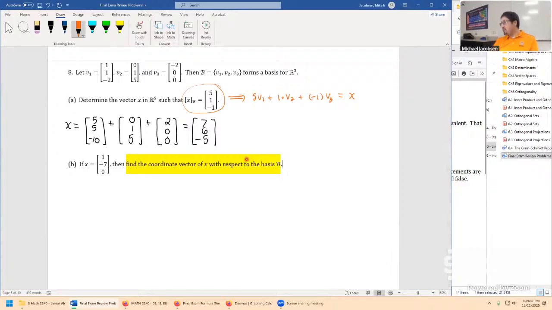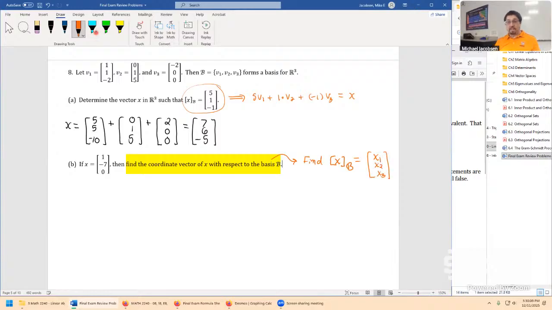This whole statement written in yellow is just saying find x subscript b. This whole thing, in words highlighted in yellow, is the coordinate vector of x relative to the basis b. But thinking in terms of what this was saying, you can find the coordinate vector just by taking this. It's equal to x1, x2, x3.